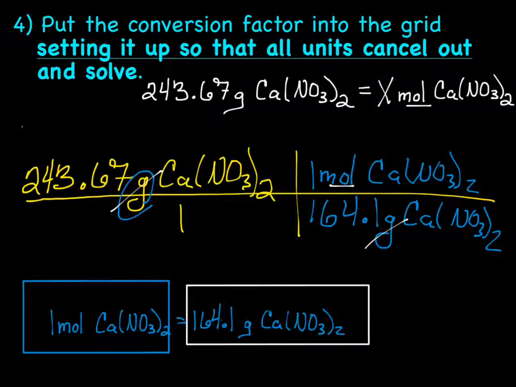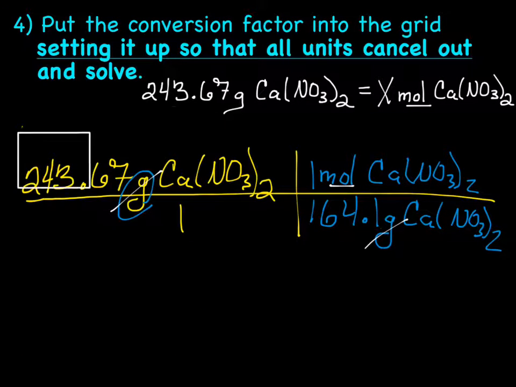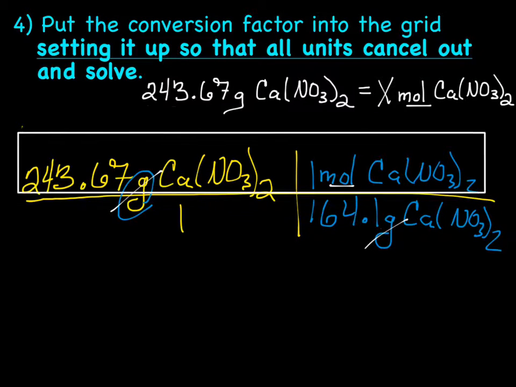And what we have left to do now is put the numbers in our calculators. So we are going to multiply these numbers across the top, giving us 243.67, because we multiplied 243.67 by 1. And our grams are gone, so we'll have mole.